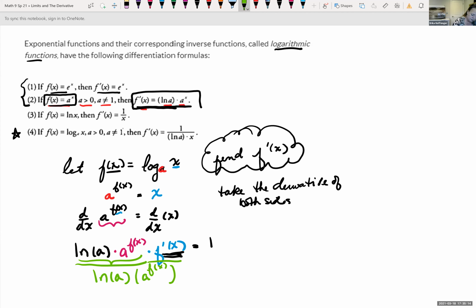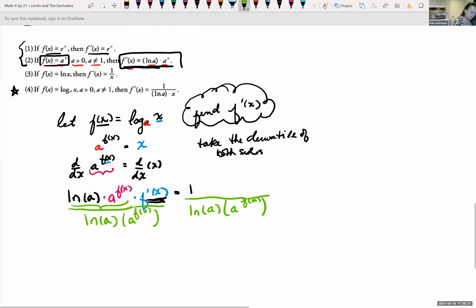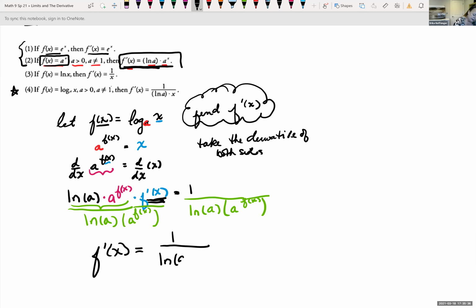Do something to one side of the equation, we can do it to the other. That's what we're doing. And so we find then that the derivative f prime of x is equal to 1 over the natural log of a all times a raised to the f of x.